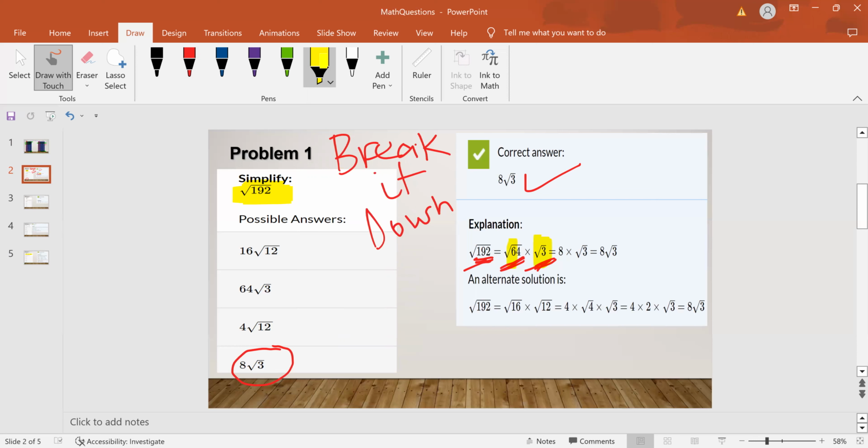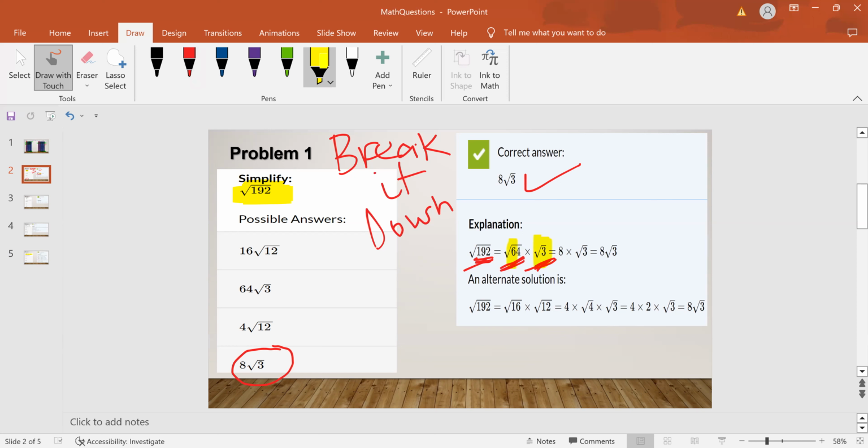So when you want to know that it's going to be 64 multiplied by 3 or whatever, the first thing to do is to check. If you take 192, you divide it by 2. Okay, what do you get? That's going to be the first question you ask.